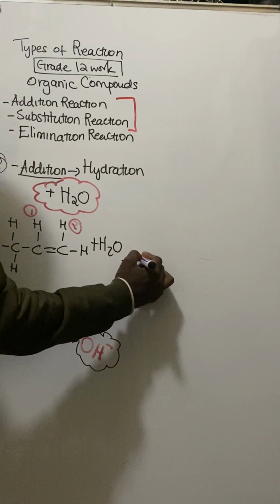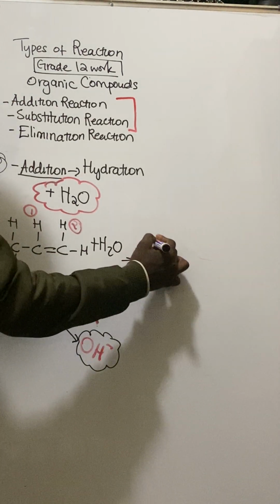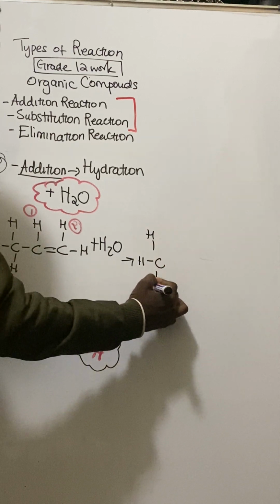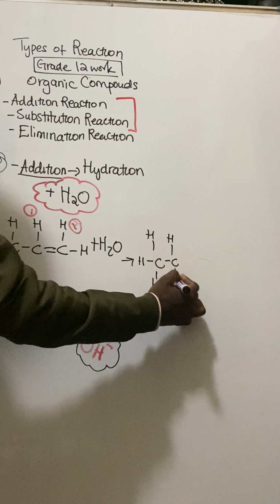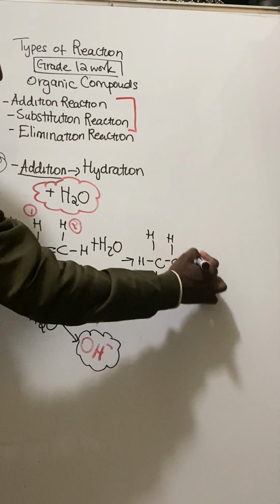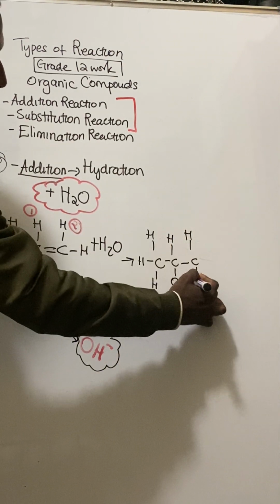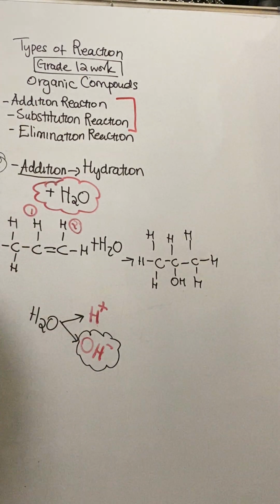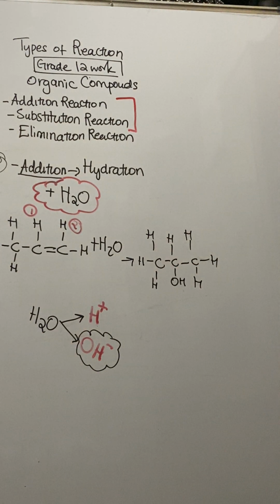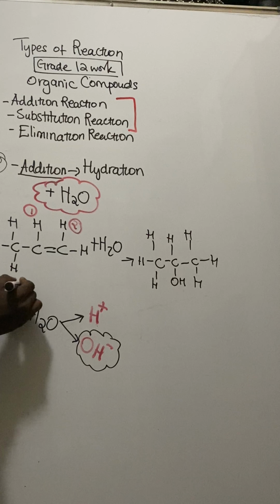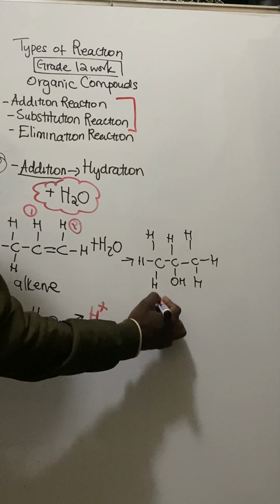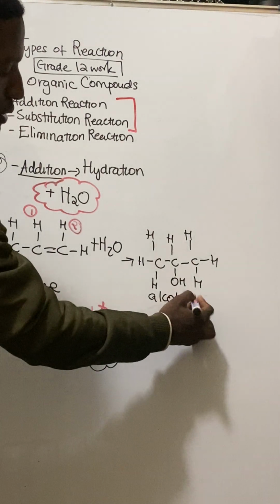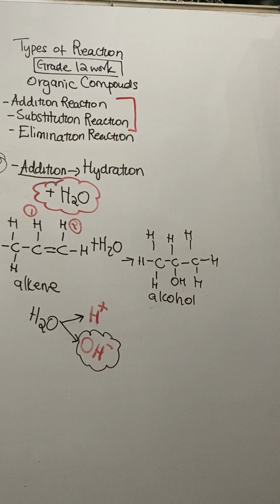It will produce H, C, H, H, H, but now it's OH with C, H, H, and then H. That will be our product, meaning it will move from an alkene to an alcohol.